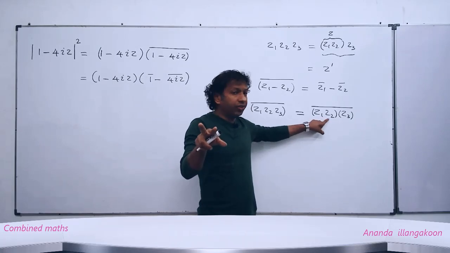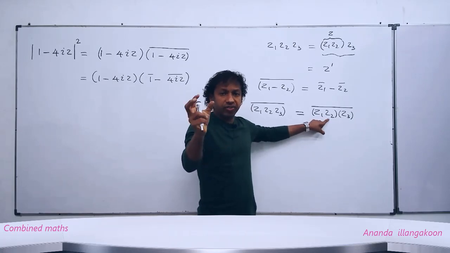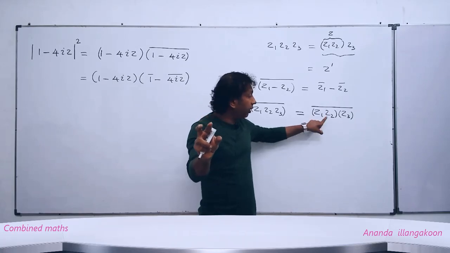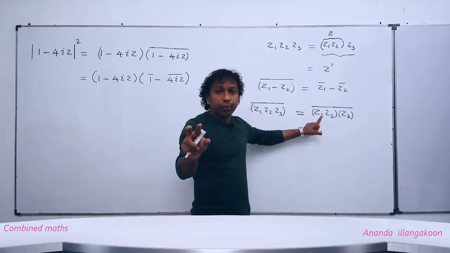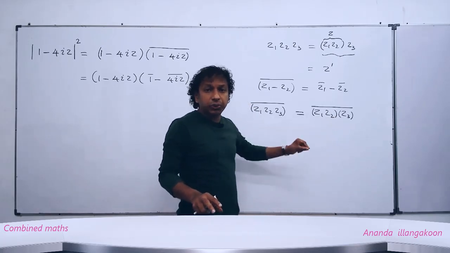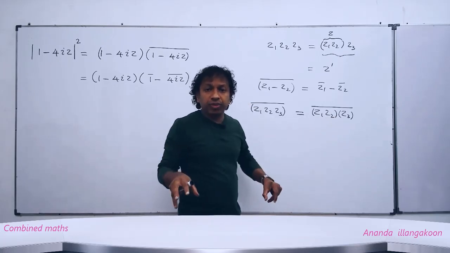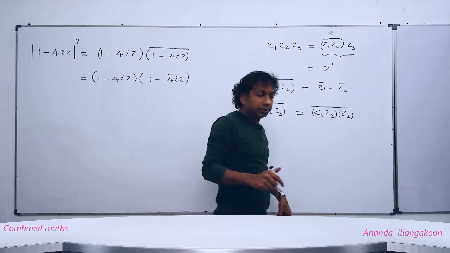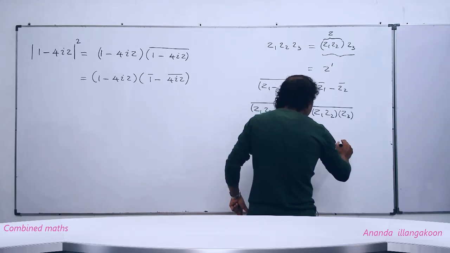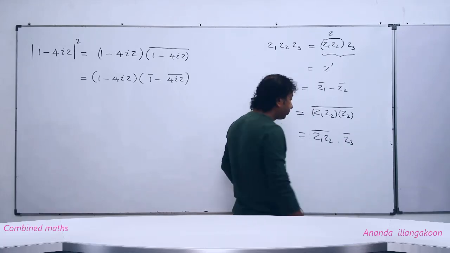Then instead of that Z1, Z2 product, we can write a single complex number like Z. Then here on the right hand side, you can think we have the product of two complex numbers. Its conjugate means we can apply the conjugate separately on the first and second complex numbers. So therefore, this one I can write people, Z1, Z2 conjugate into Z3 conjugate.